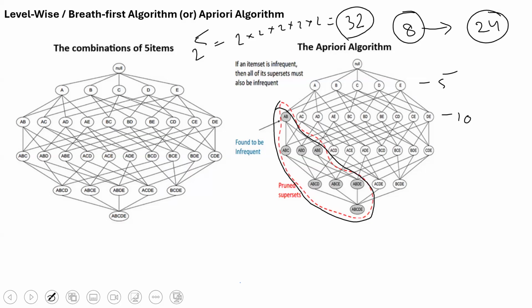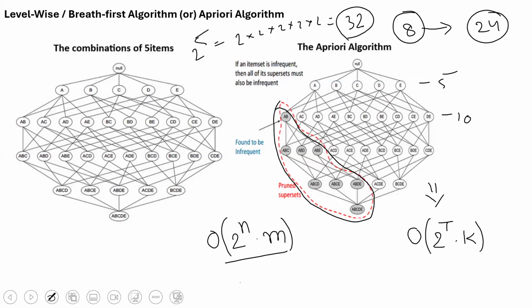Initially we understood that the complexity of the naive approach is 2 to the power of n into m, right? What is the complexity of this a priori approach? I would say 2 to the power of t into k, where t is less than n and k is less than m, right?